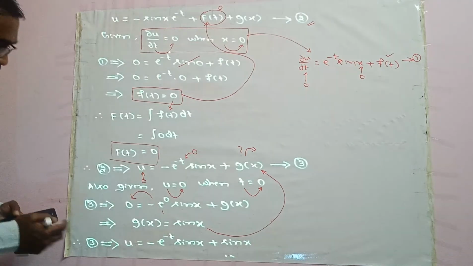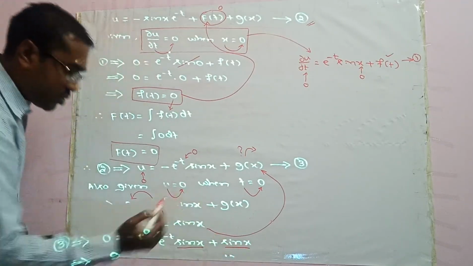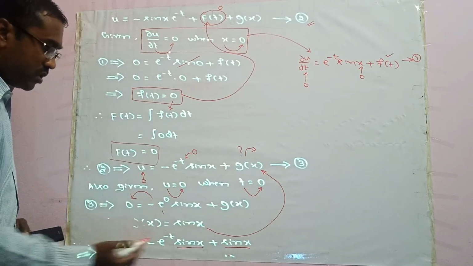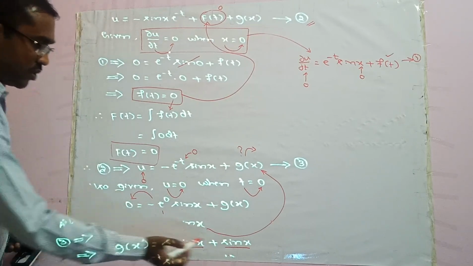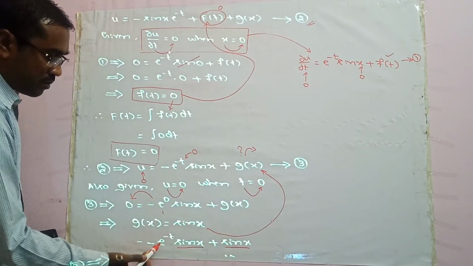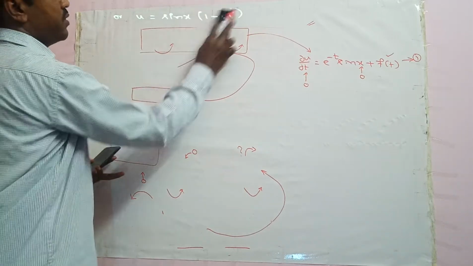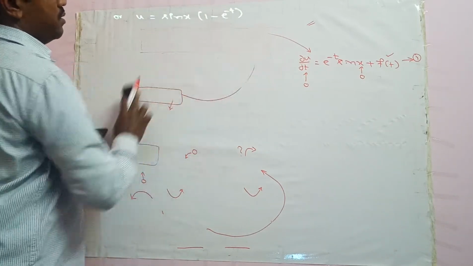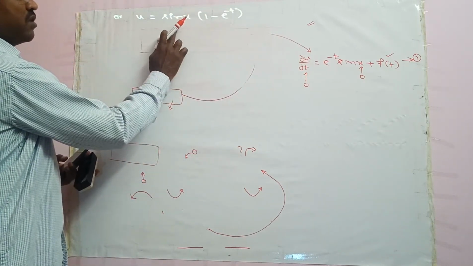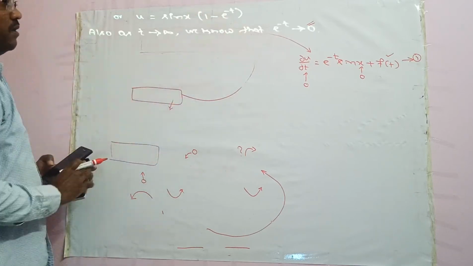And one more step we can do. You can take sin x outside. If you take sin x outside, you get 1 minus e to the power minus t.